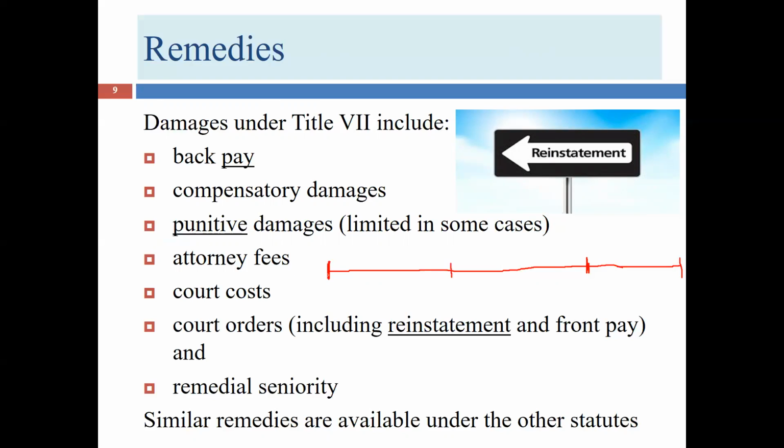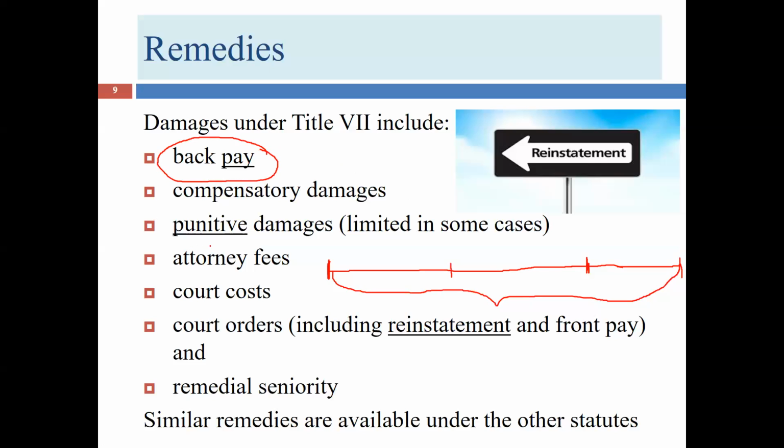So it makes sense to award that person the pay they would have earned if they had been employed during this time. This back pay will start on the date of the adverse employment action all the way up to the date the jury renders its decision. That's what we call back pay, and it's available under virtually any statute that we'll be talking about today.